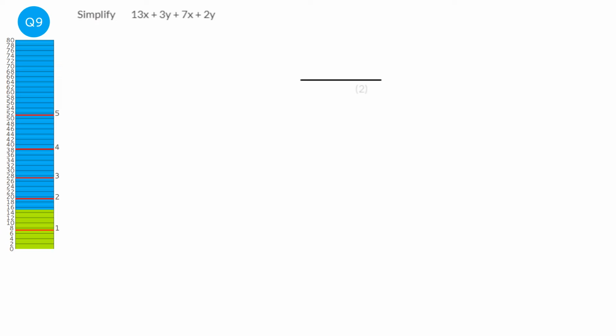When collecting terms, you've got to collect like terms. So we've got 13x, we've got a 3y. Now they're not like terms, but the 13x is a like term to the 7x, they're both x's, and the 3y is a like term to the 2y.